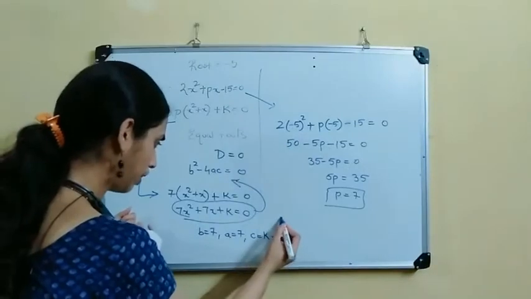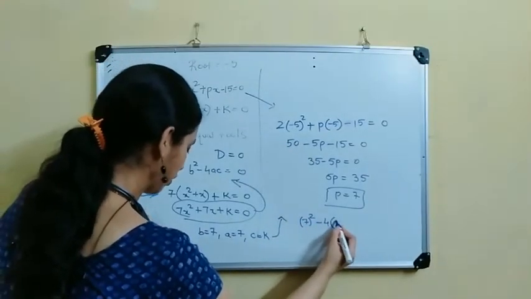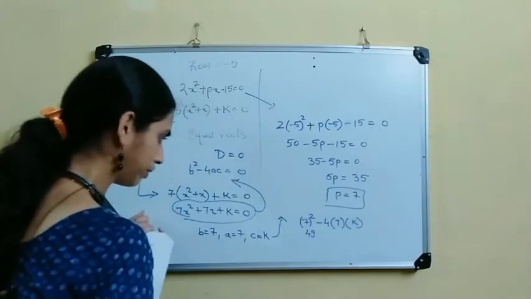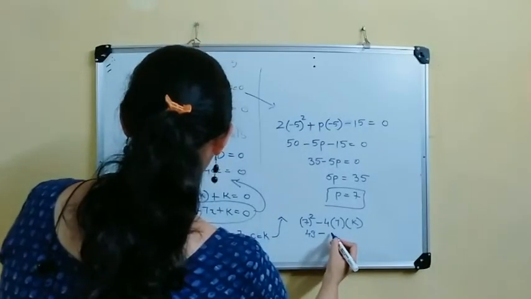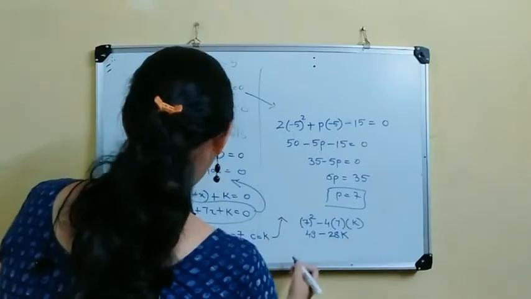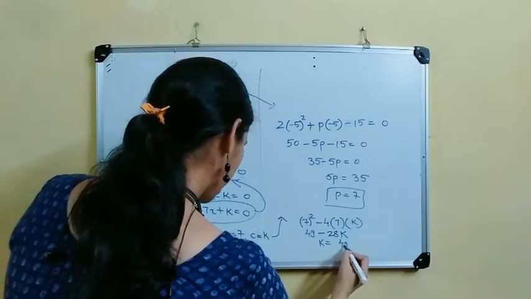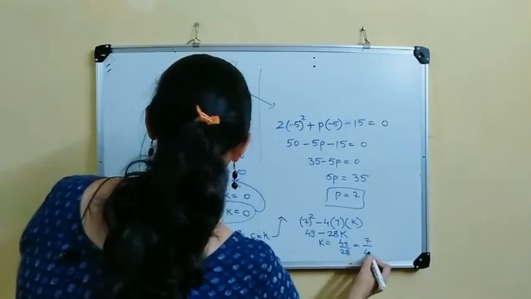So I am substituting here 7 square minus 4 into 7 into k. 49 minus 28k. K is equal to 49 upon 28, which is 7 upon 4.